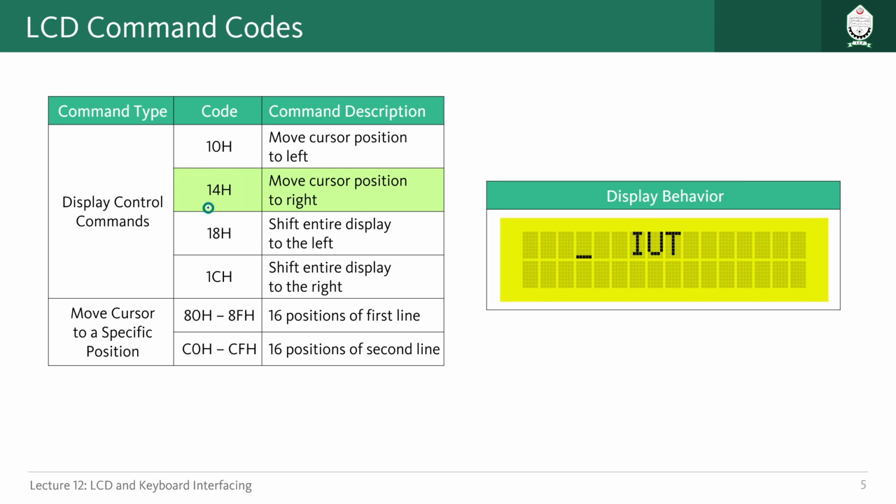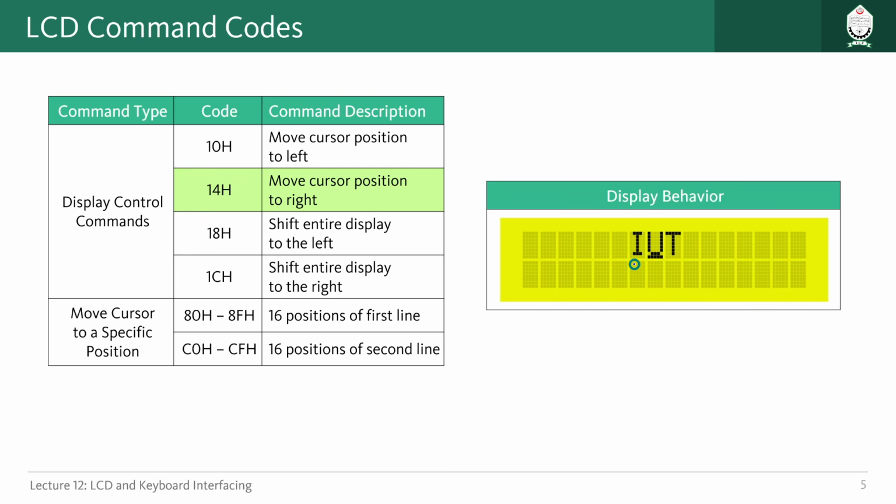Each time you give this command, it will move its position to the right by one block. Even though here you can see it moving to the right one by one gradually, this is happening because I'm giving this command multiple times, one by one. As a result, it is moving to the right multiple times.